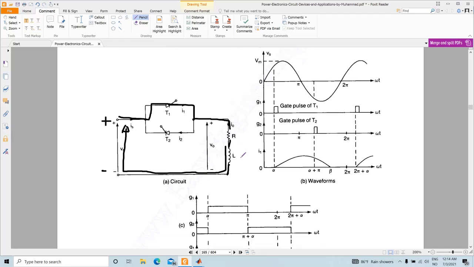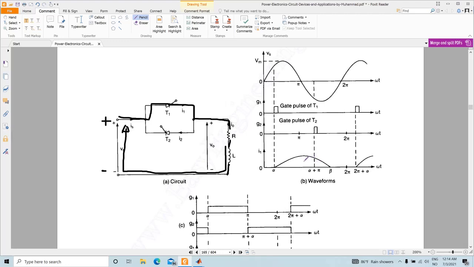Okay, so that means that unlike the resistive load case, it will not stop conducting at 180 degrees, rather it will conduct even more than that. Now depending on the value of this L and R, the moment when it ceases conduction will be defined.